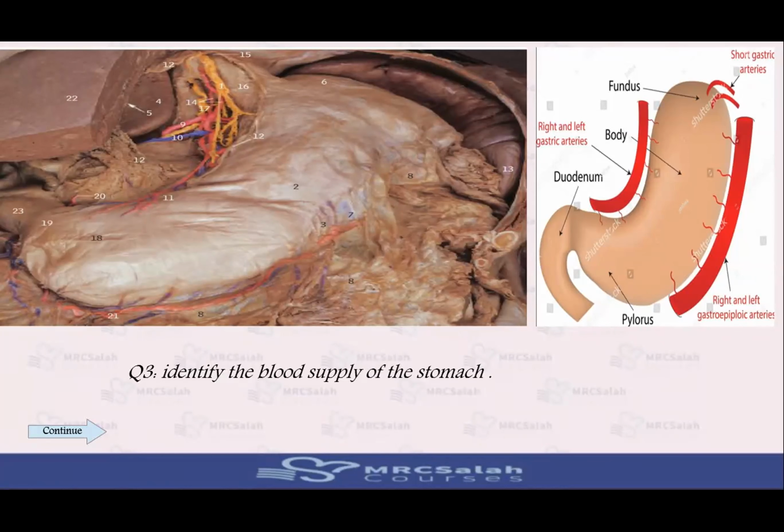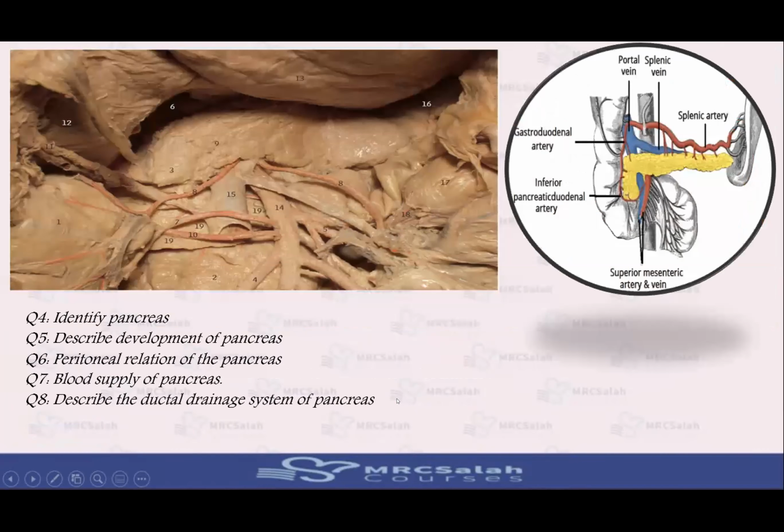What else? I don't remember. What about the pylorus? I think it's supplied by the gastroduodenal artery. Perfect. It's supplied by the gastroduodenal artery, from where? The artery which it originated from, you mean? Yes. It originates from the common hepatic artery.